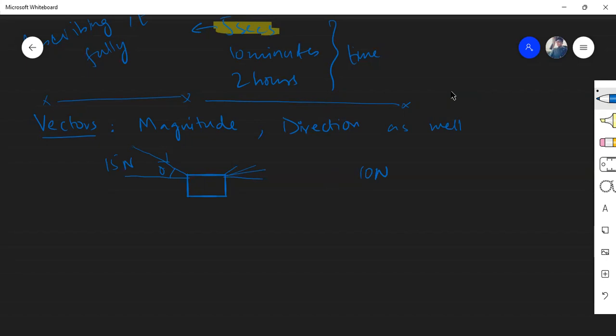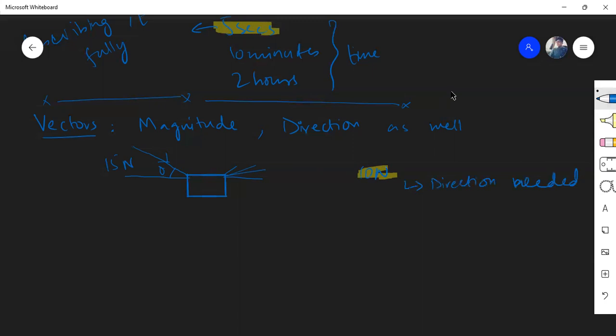So that's pretty much it. To describe this force fully, I need to specify the direction as well. I'm just going to write direction needed.